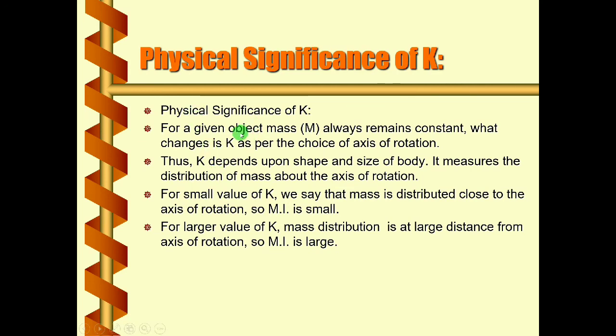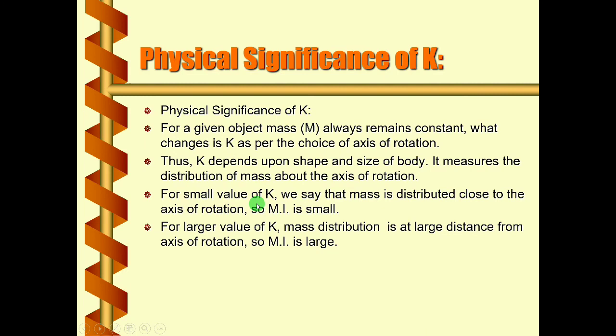This radius of gyration is denoted by K. It depends upon the shape and size of the body, it depends upon the distribution of mass of the body about the axis of rotation, and it also depends upon the position and orientation of the axis of rotation.